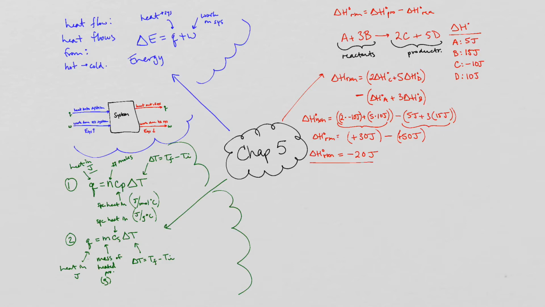And that is how we would go about a delta H reaction problem. And I'm just going to write this down really quick. Delta H is less than 0, exo. Delta H is greater than 0, endo.